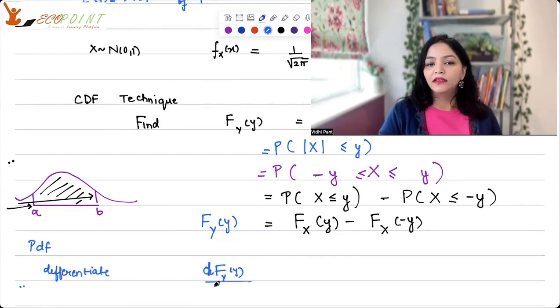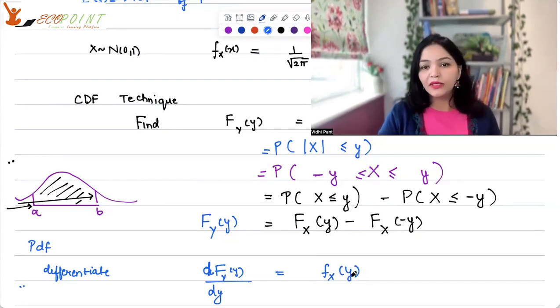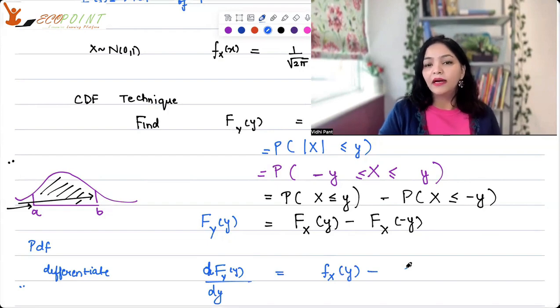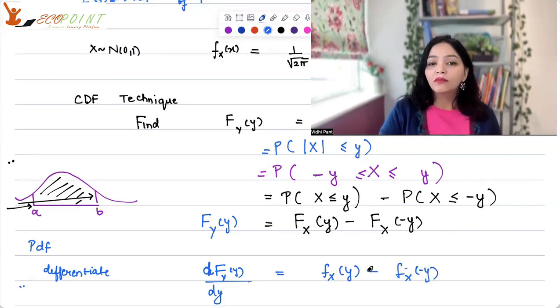So dFY upon dy is equal to, when you differentiate capital Fx with respect to y, you will get the PDF, because the derivative of capital F of x will be its PDF, right, for the value y, minus, now the derivative of capital Fx for the value minus y will be the PDF for the value minus y, but mind you, since you have minus y inside, chain rule, so minus 1 also comes in and this becomes plus.